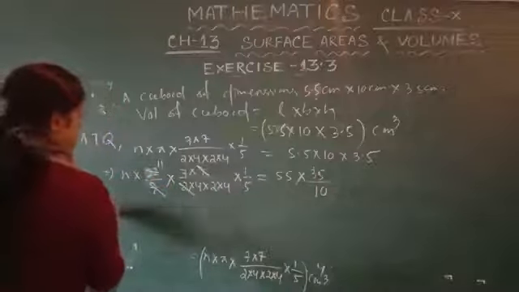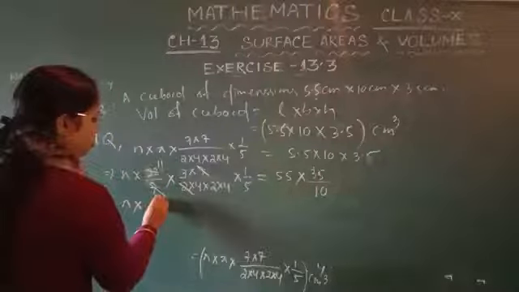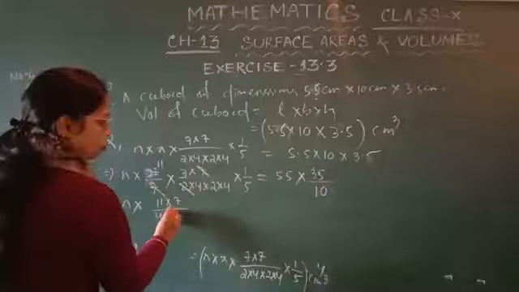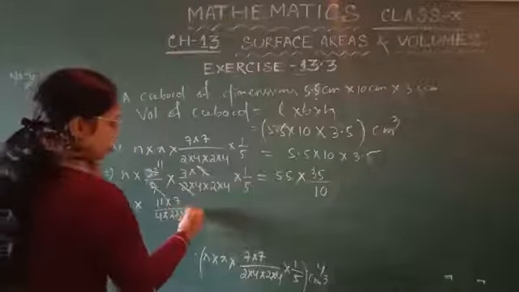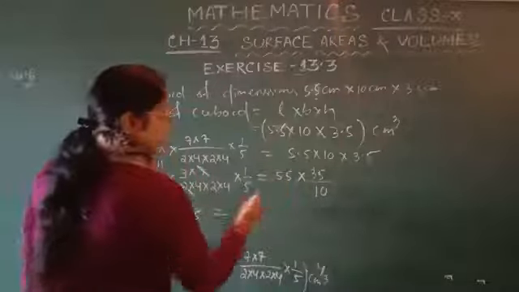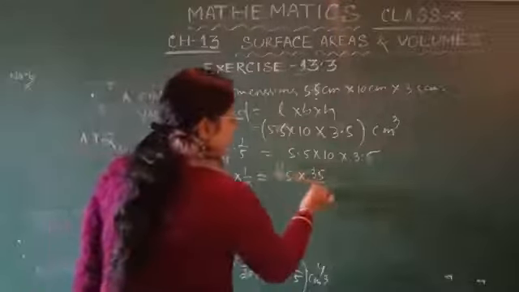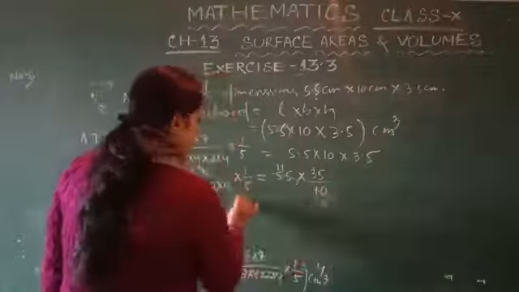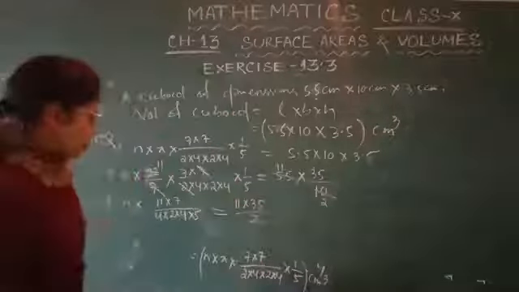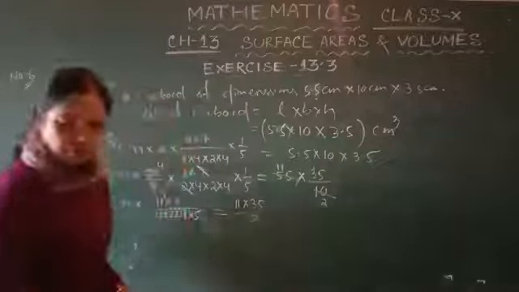Okay, so this implies n into 11 into 7 upon 4 into 2 into 4 into 1 upon 5 is equal to 11 into 35 upon 2.